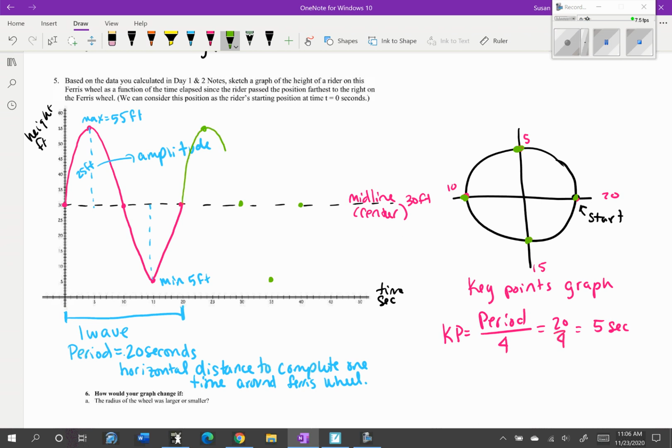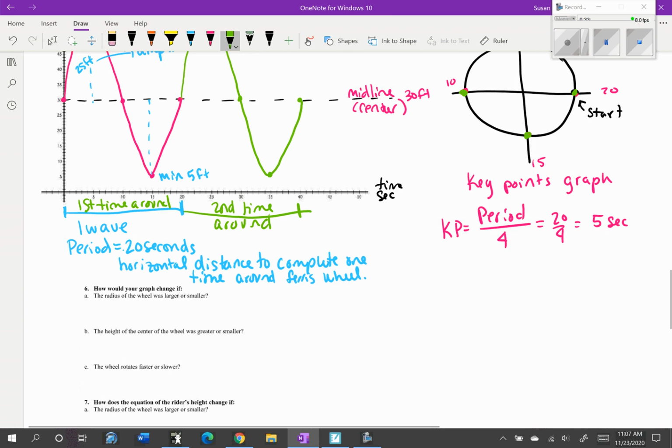So this would be a second time around our wheel, whereas this was the first time around. So that's what a second wave would look like.